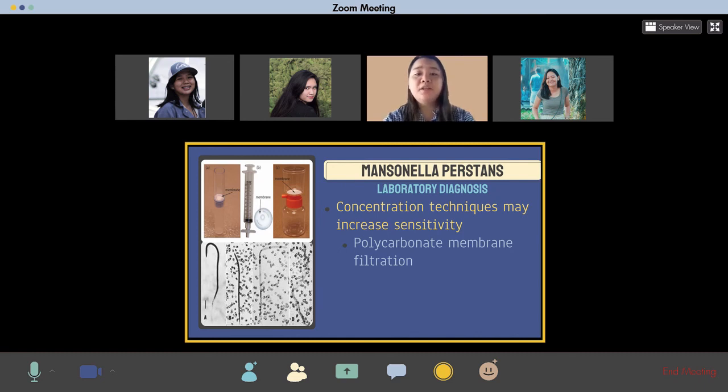Then there is polycarbonate membrane filtration. The membrane is treated with a wetting agent, polyvinyl pyrrolidone or PVP, that permits it to be hydrophilic. Filters are 6 to 11 microns thick, depending on the pore size. It is also excellent for viewing surface samples with an optical or electron microscope.